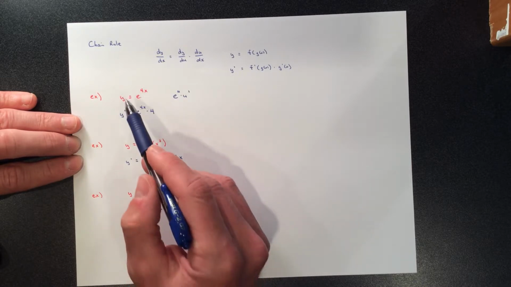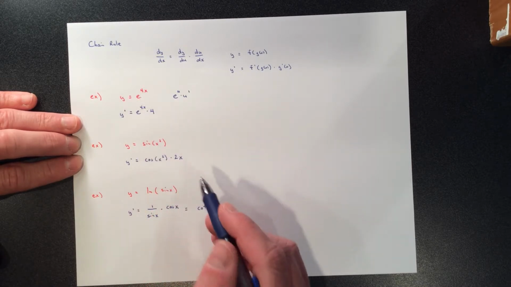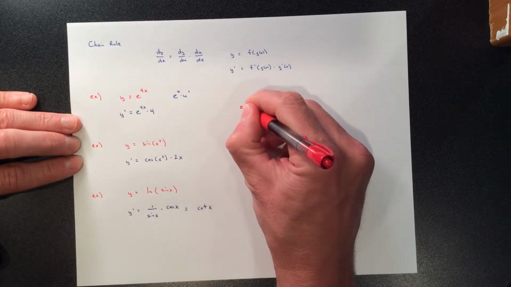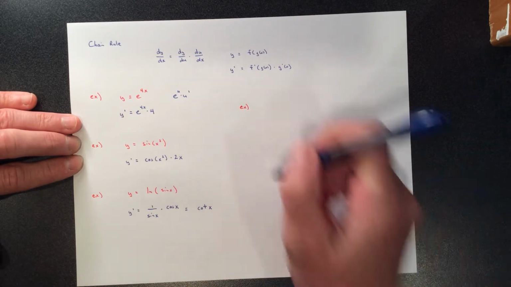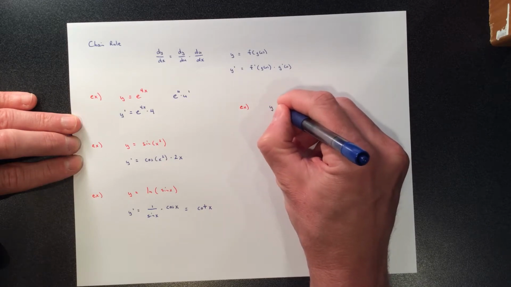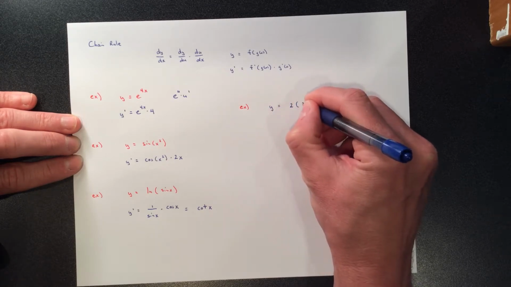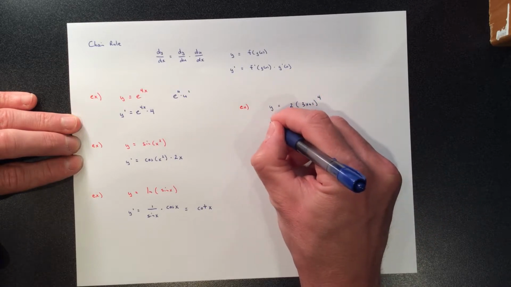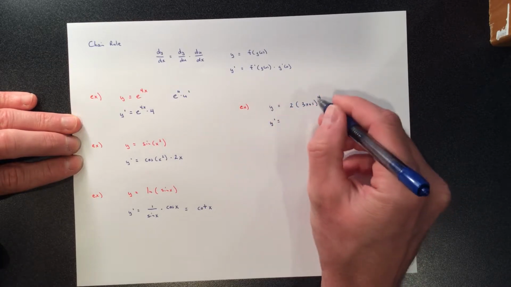It doesn't matter if it's an exponential, a trig function, or a logarithm. It can just be a nice, easy power rule situation. We could have y equals 2 times (3x plus 1) to the 4th. So the big rule here is the power rule.